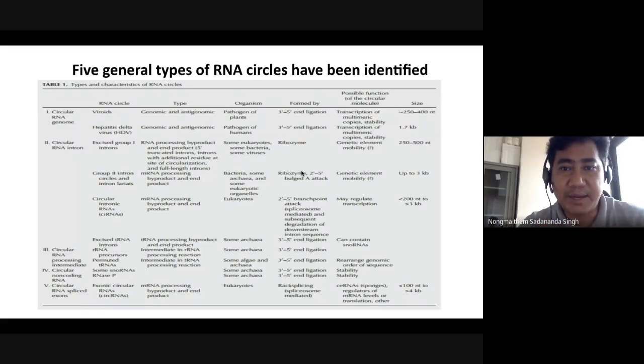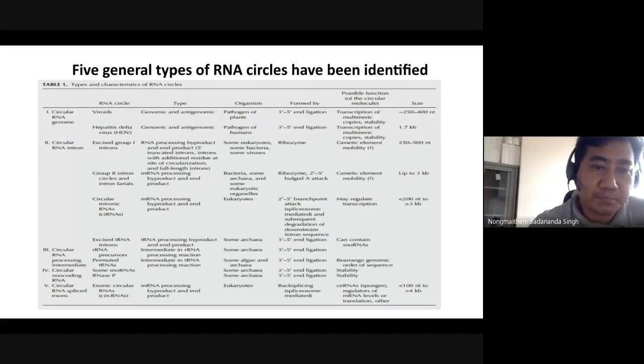And then many of the ribozymes or intronic RNAs generally come as a byproduct of splicing, and these ones can give rise to 3' or 5' circularization, which is very common in group 2 introns, which are very much important in the maturation that we discussed earlier during the splicing time.